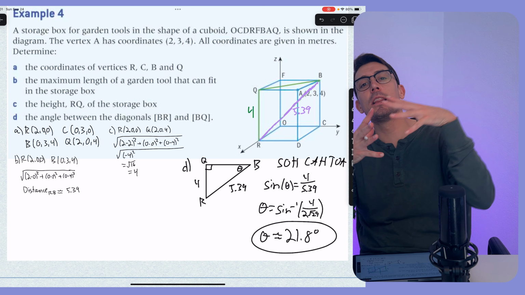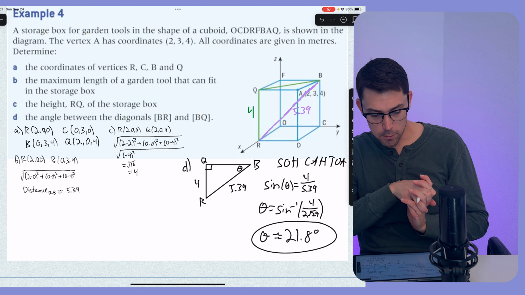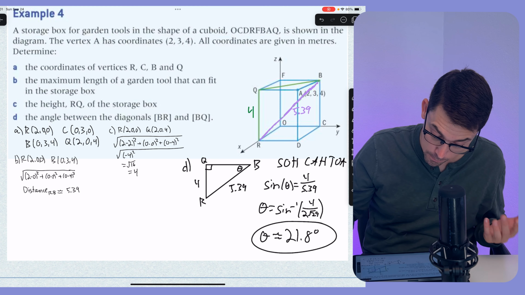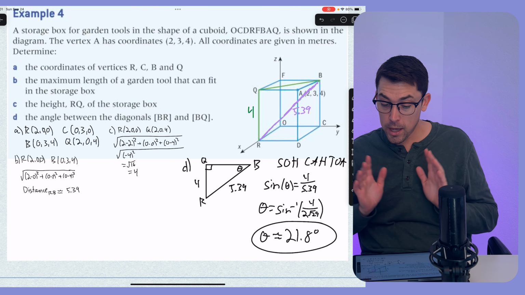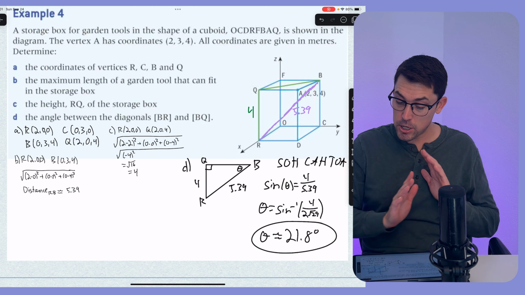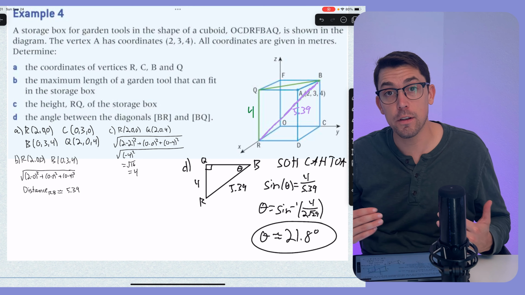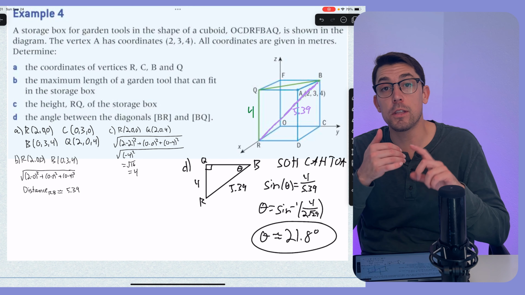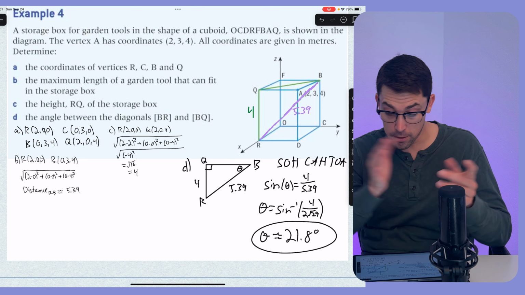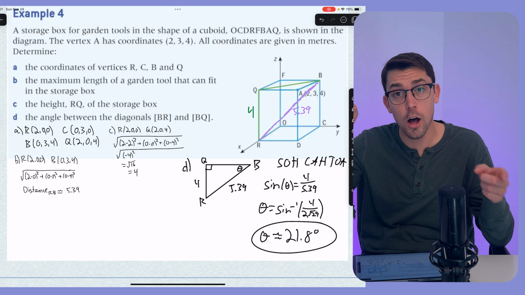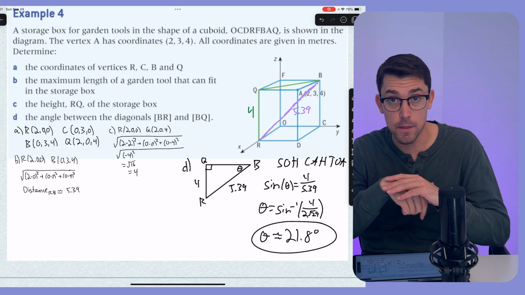So again, that's combining a lot of what we have gone over so far, and also something perhaps part of review: we have been going in 3 dimensions here, x, y, and z. We have been finding the coordinates of different vertices on this box. We've been using the distance formula to figure out the value of the longest gardening tool that can fit inside this box.